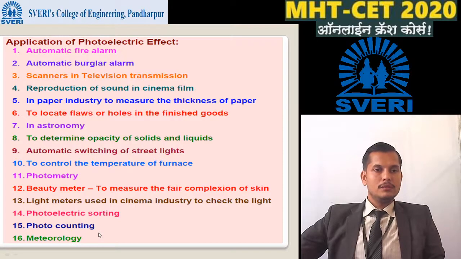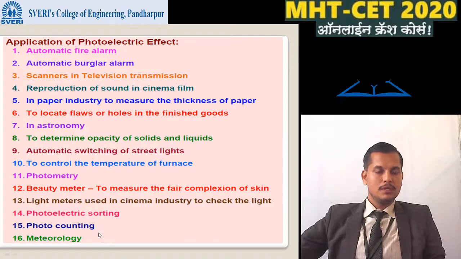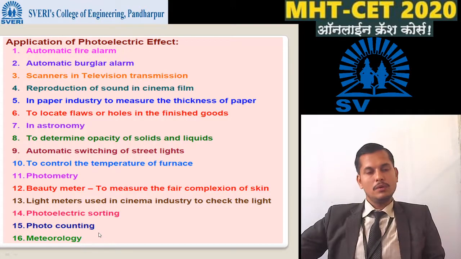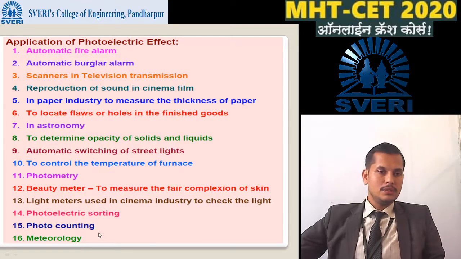To determine opacity of solids and liquids. Then automatic switching of street lights, which depends on once again the effects of exposing the lights to emission of photoelectrons. To control the temperature of furnace.